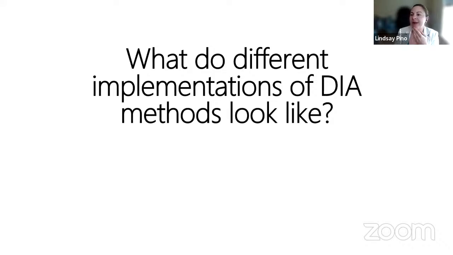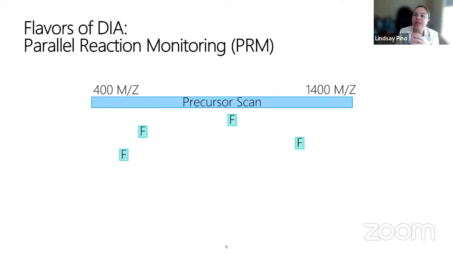So what do different implementations of DIA look like? I want to give you an overview of different flavors of DIA that you might see as you're coming across this type of research. The first, technically, parallel reaction monitoring, is a type of DIA.